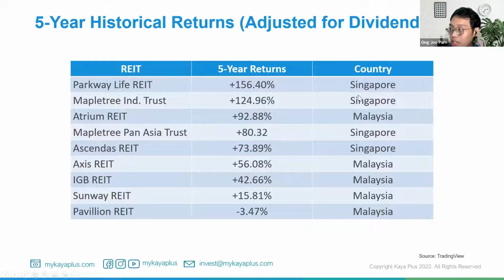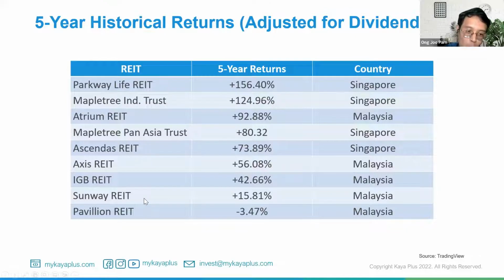So the top 2 spaces are actually accommodated by Singapore REITs. Third place, Atrium REIT, the Malaysia representative at 93%, and then Mapletree Pan Asia Trust at 80%, and then Ascendas at 74%. So basically, if you look at the top 5 positions, only one Malaysia REIT managed to come head-to-head or shoulder-to-shoulder with the Singapore REITs' historical 5-year performances.